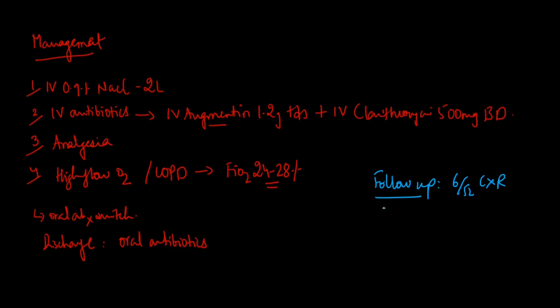So 6 weeks is adequate time for this consolidation to settle. So you repeat the chest x-ray and see if it's clear and if the pneumonia has completely resolved. At this point, if they're well in your outpatient clinic, you can discharge them from your care. Okay.